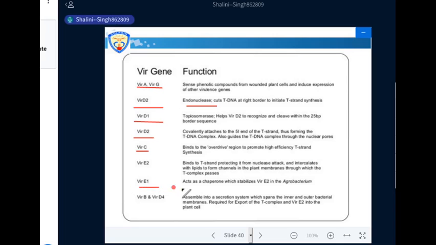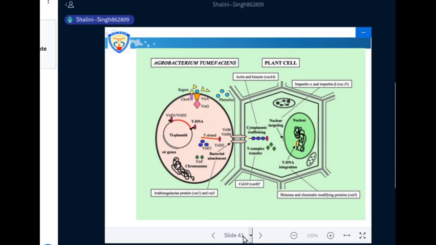VirE1 acts as a chaperone which stabilizes VirE2 in the Agrobacterium. VirB and VirD4 assemble into a secretion system which spans the inner and outer bacterial membrane, required for export of the T-complex and VirE2 into the plant cell.